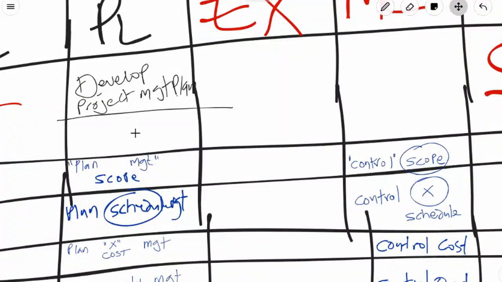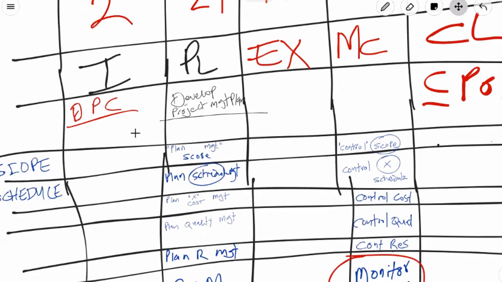And going into the executing domain, folks, one thing that can help you remember a few of the processes here is the word manage. Now, if we start from the top, the very first area we have up here is direct and manage.